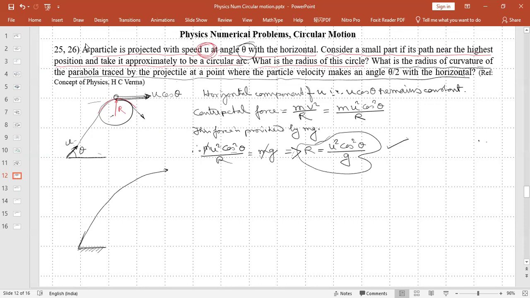At this point, this is u, and this angle is theta. At some point, let us consider the tangential velocity becomes v, and the angle has been reduced. Let's say this angle is theta by 2.